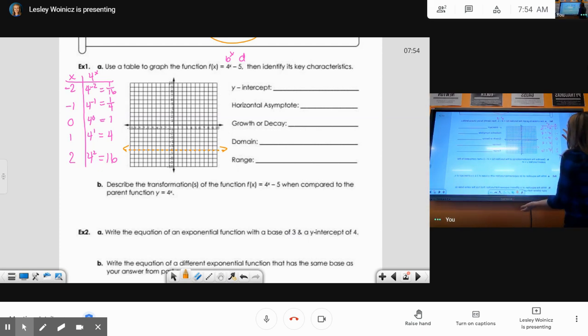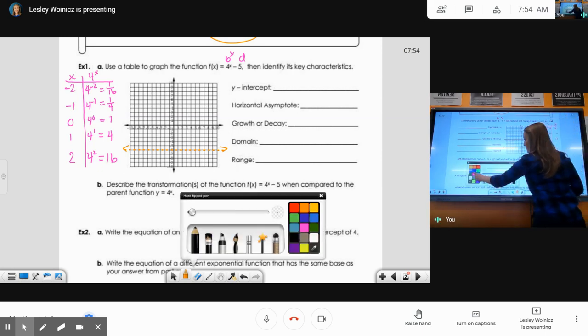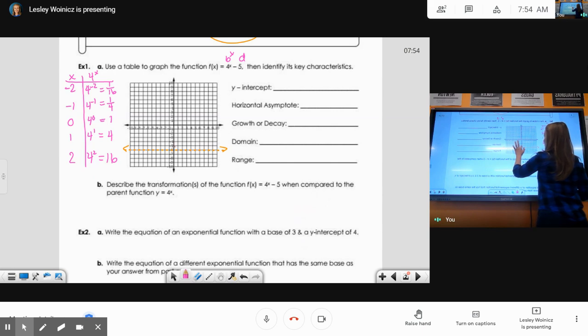So for my 0, 1, I'm going to go 1 up from my horizontal asymptote. Instead of going here, I'm going to go there. That's what we're doing. Now from my horizontal asymptote and the y-axis, I'm going to go 1 right and up 4. So 1, 2, 3, 4, right there.